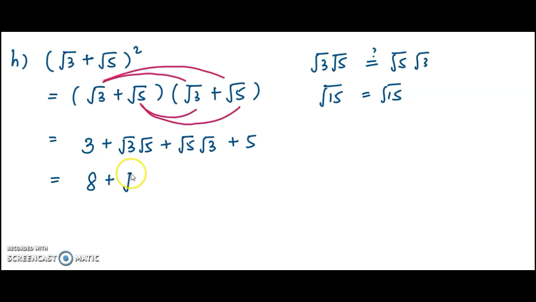So this is equal to surd of 15. And nothing can be simplified, we just leave this as our answer. Yes, sorry, this has to be 2 because we got a surd 15 over here and the other one surd 15. So you got 2 surd 15. So the final answer is 8 plus 2 surd 15.